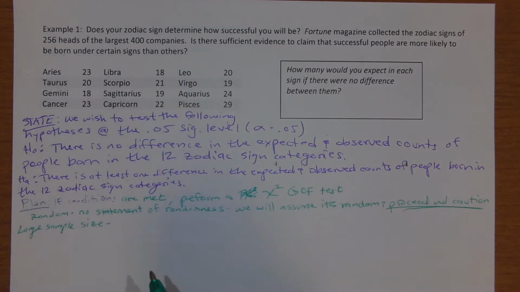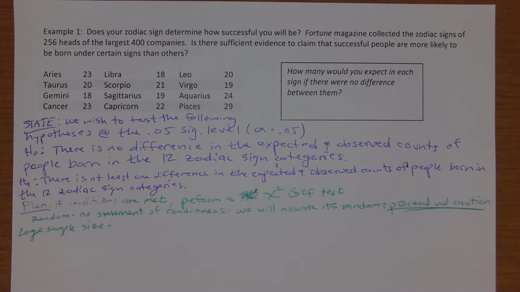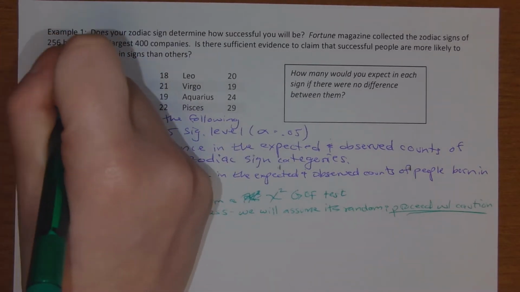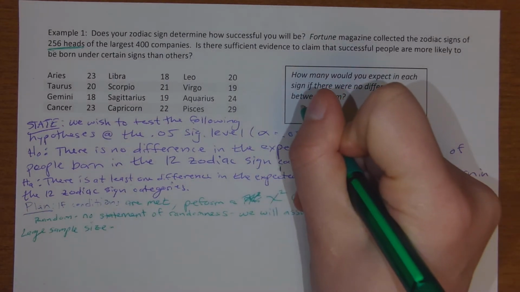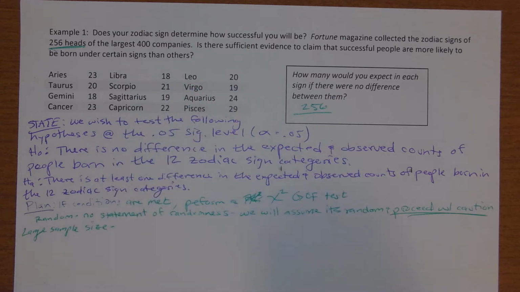All right, so we would have to determine that all the expected counts are at least 5. So how would we find these expected counts? Well, we're gonna take a nice little jump up here and say how many would we expect in each sign if there were no difference between them. So if there were no difference between the signs whatsoever, we're looking at 256 people distributed evenly between 12 zodiac signs.